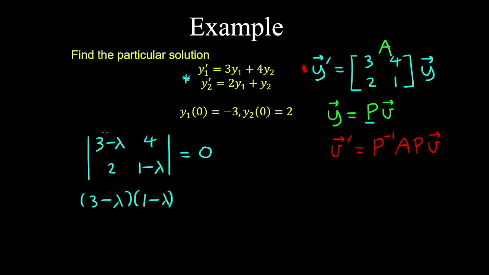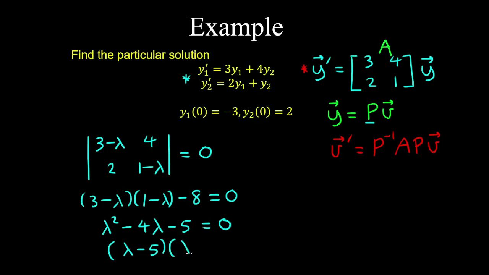So we'll just multiply the terms on this diagonal and subtract 4 by 2. So that gives lambda squared minus 3 lambda minus 1 lambda plus 3 minus 8, which is minus 5. And then factorizing this, we get lambda minus 5 and lambda plus 1.